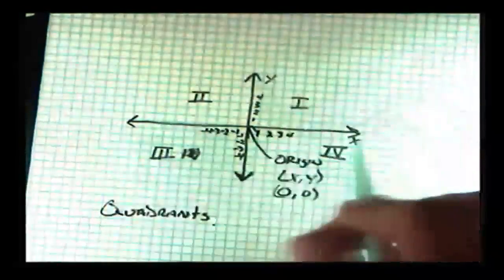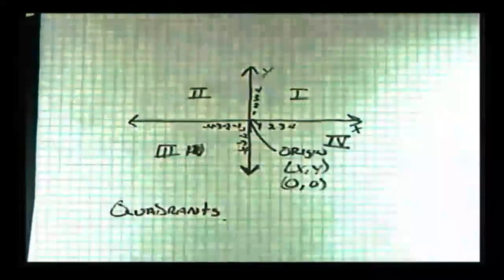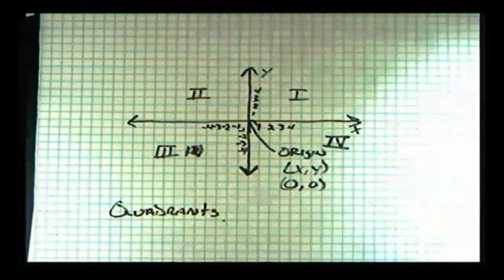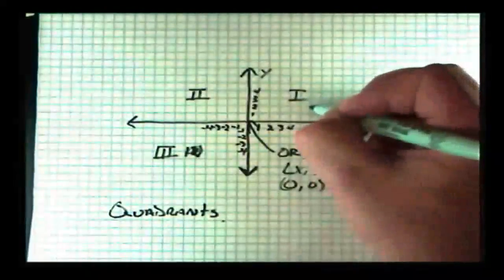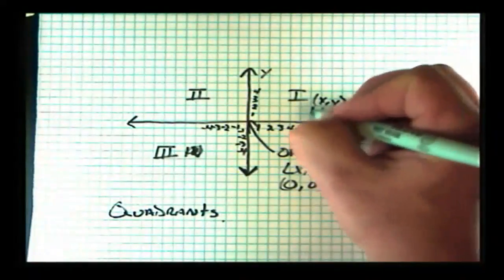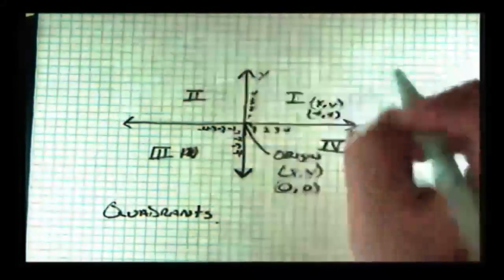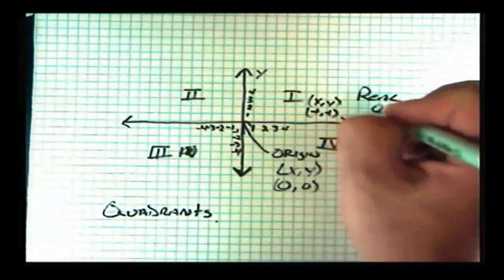So we've broken our Cartesian plane into 4 separate spots, and I want you to notice the signs that go with your xy's. In quadrant 1, x and y are positive, positive, so our points would be all positive numbers. We call this the real quadrant.